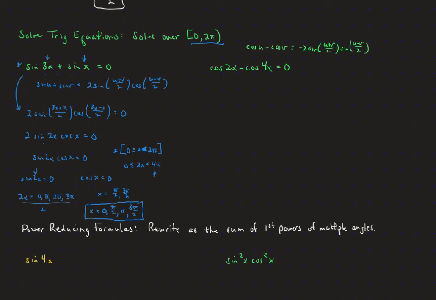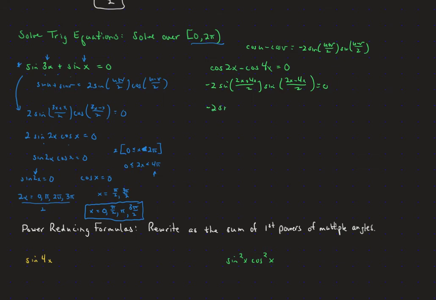So we're going to get a negative 2, and then it's going to be a sine of, and then we're going to have 2x, oops, I left off the x. Let's say (2x plus 4x) divided by 2 times a sine of, and then we have (2x minus 4x) divided by 2, and that we want equal to 0.